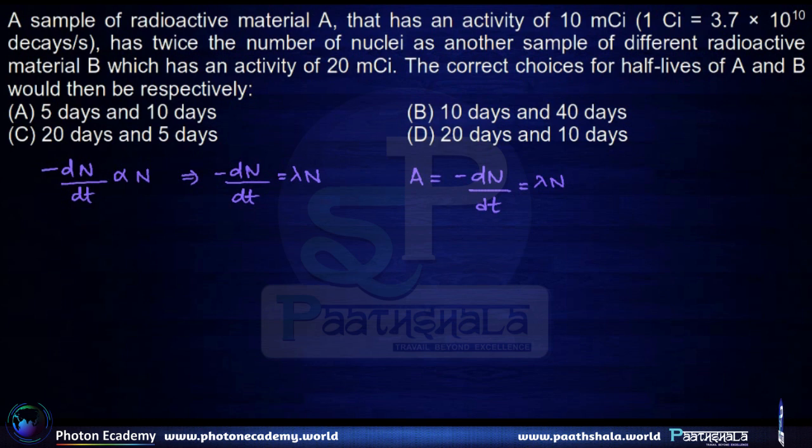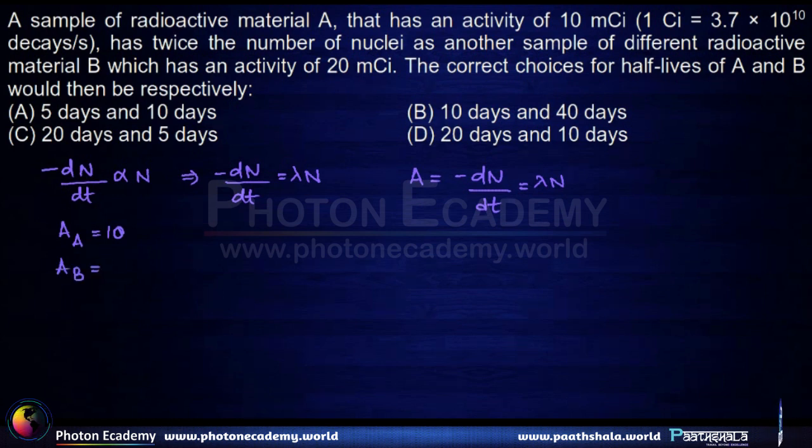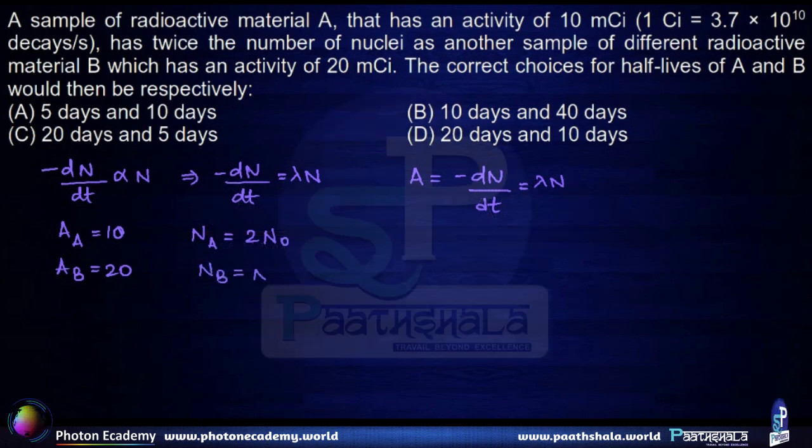It is given to us that activity of A is 10 and activity of B is 20. The initial number of nuclei of A is 2 times N0, where N0 is the initial number of nuclei of B. So putting activity equals lambda N, we can write 10 equals lambda A into 2N0.